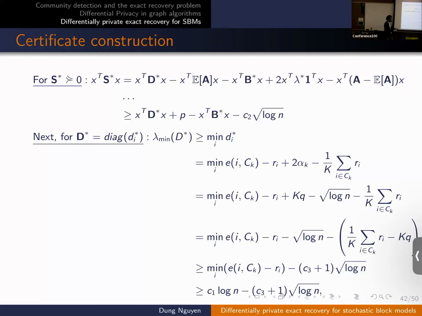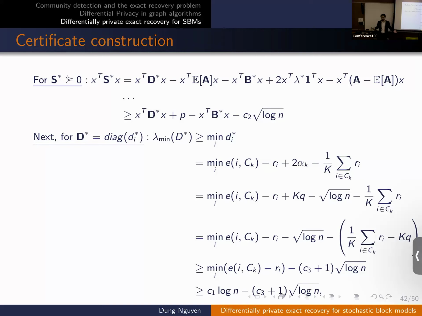So now we plug this result into the inequality for S star. What we have remaining is the C1 log n factor here, and we have a bunch of square root of log n factors on the negative side. So basically, we have log n here, and we have square root of log n here.